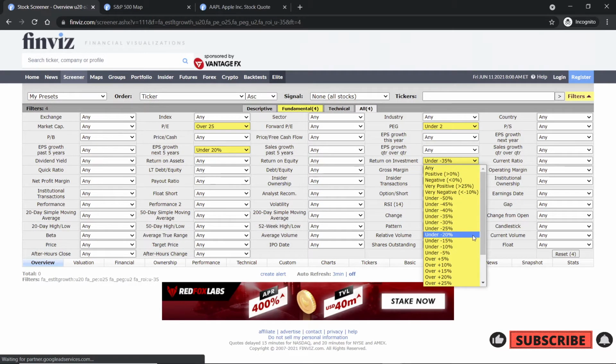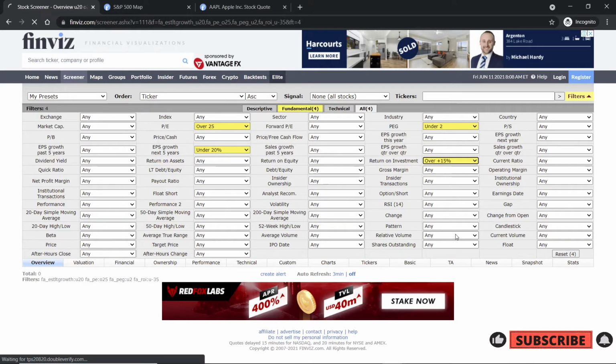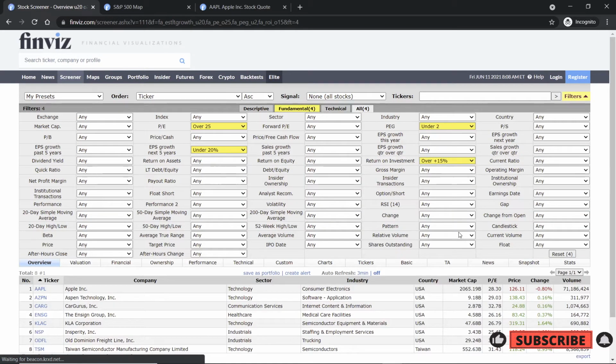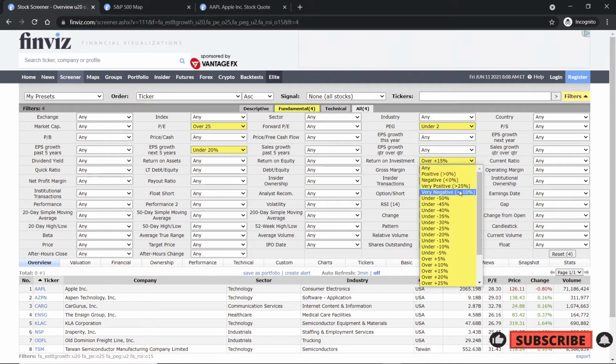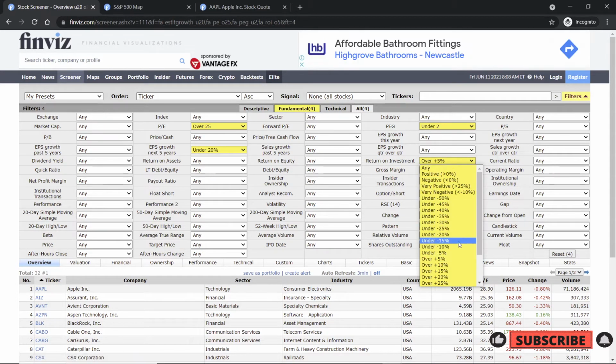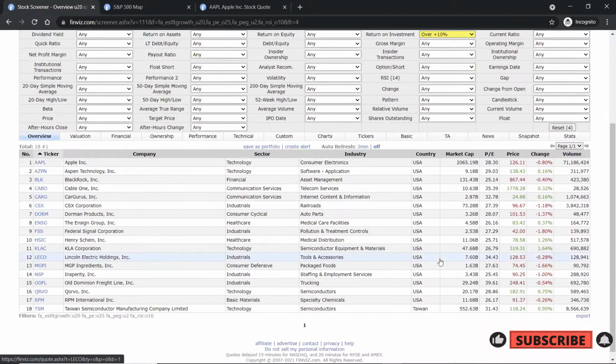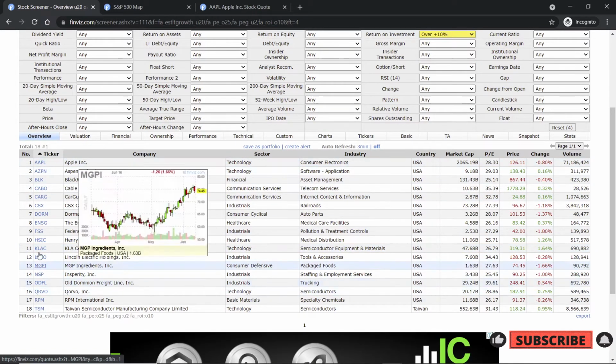Oh, under minus 35. Sorry, my bad. Over 15%, let's say. Oh, we have 8. Over 10%. 18. Okay, this is a decent enough number to have a portfolio.